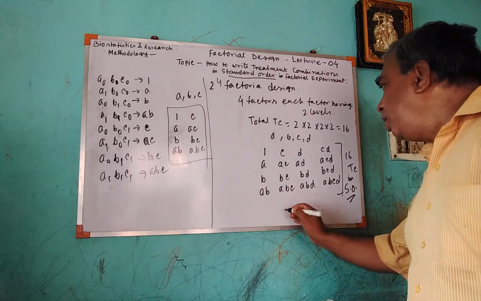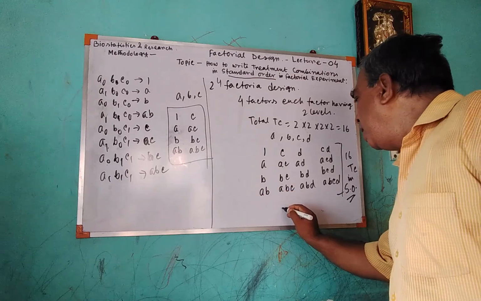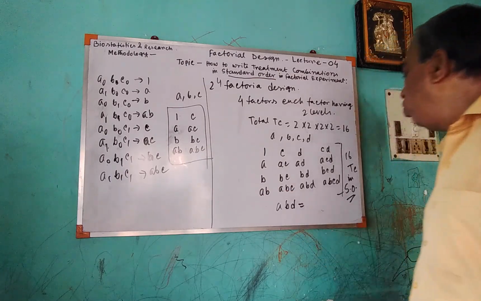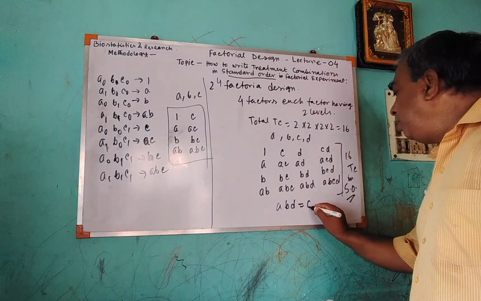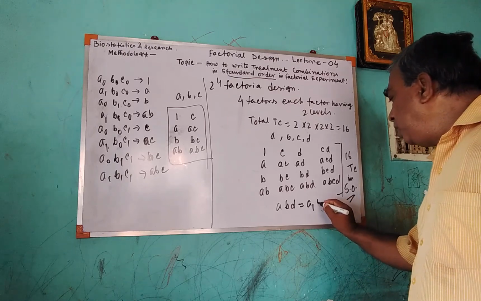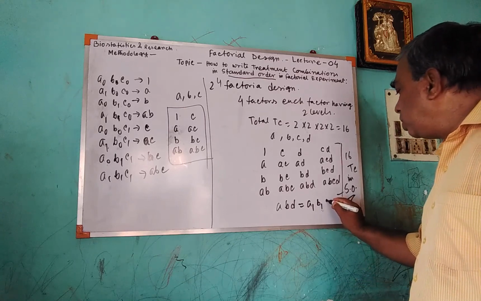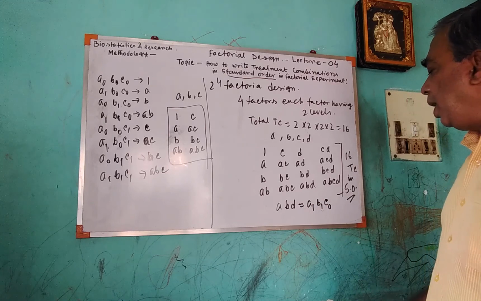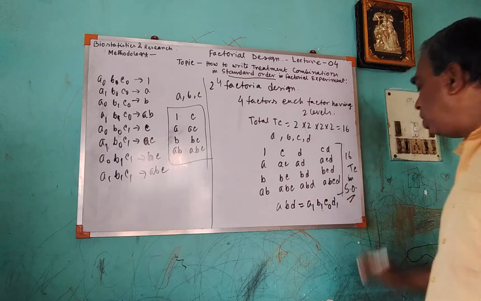So what is actually ABD? There are 3 letters, but I told 4 factors. ABD means higher level of A, that is A1, higher level of factor B, that is B1, lower level of factor C since there is no C, and higher level of factor D, that is D1.